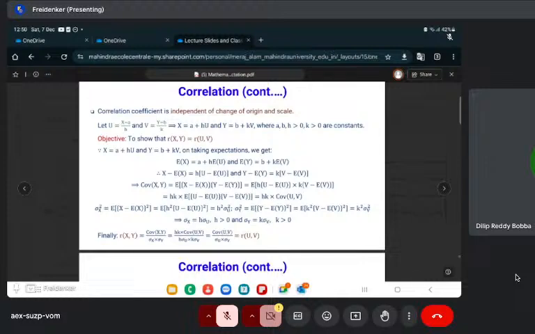Nice. So this is one property: correlation, the rho basically, is independent of change of scale and origin.